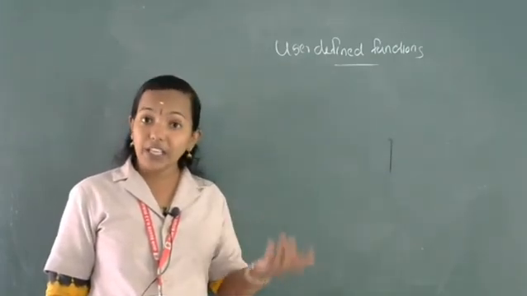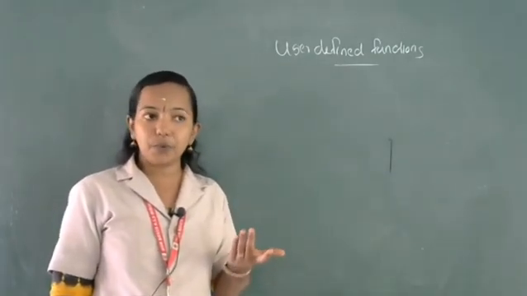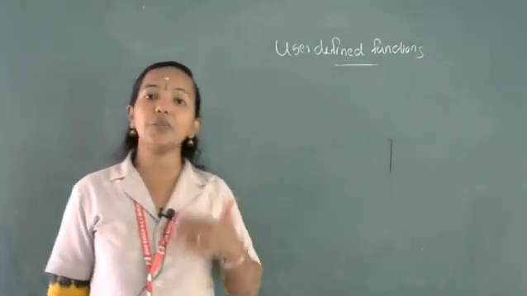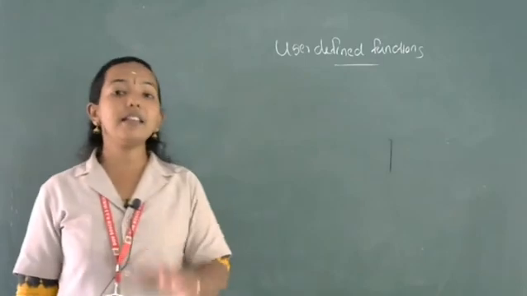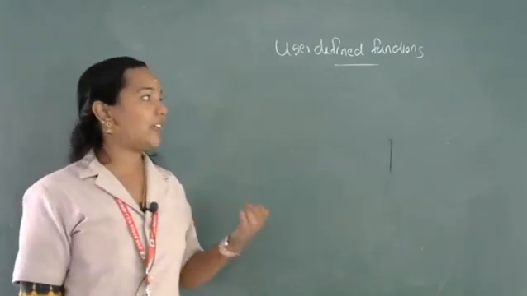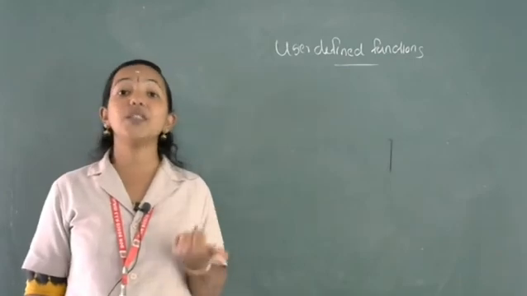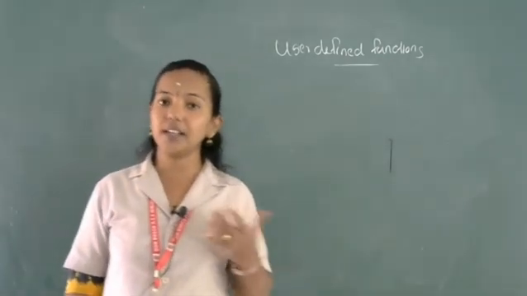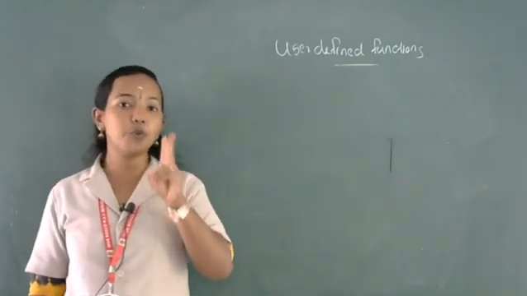The number of inputs and data type of inputs, and after the execution of that user defined function, which kind of output we are getting, the entire information the user wants to define. Those kinds of functions are known as user defined functions. Suppose we are including a user defined function in our programming, there are two possibilities.